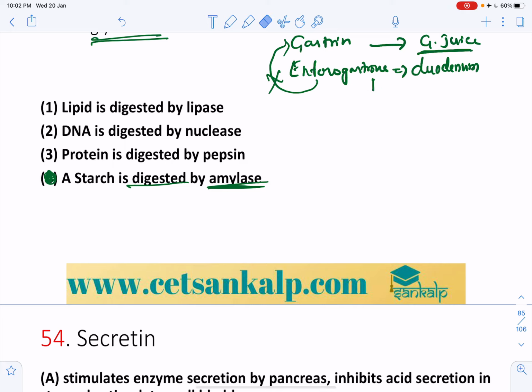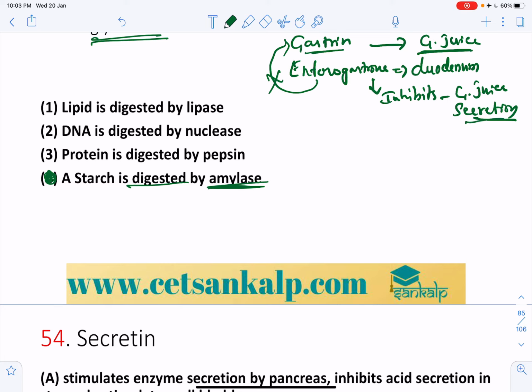Enterogastrone inhibits gastric juice secretion. So enterogastrone acts against gastrin and inhibits the production of gastric juice.